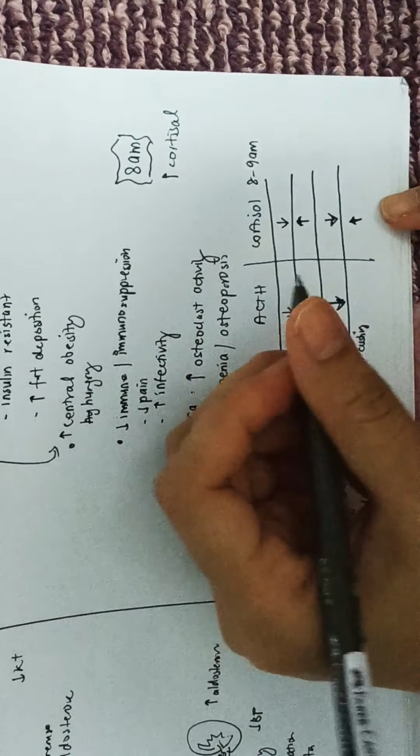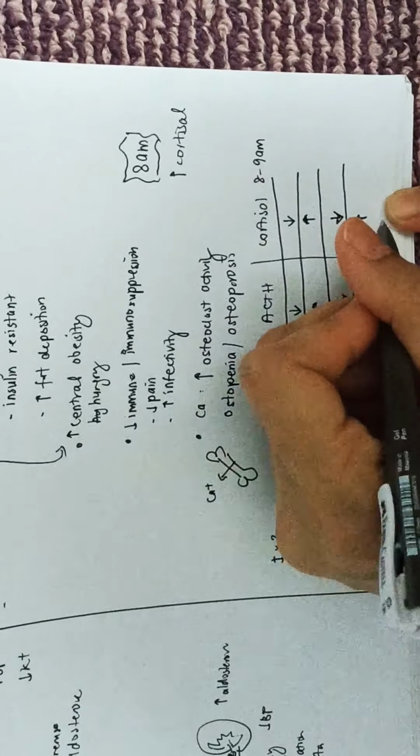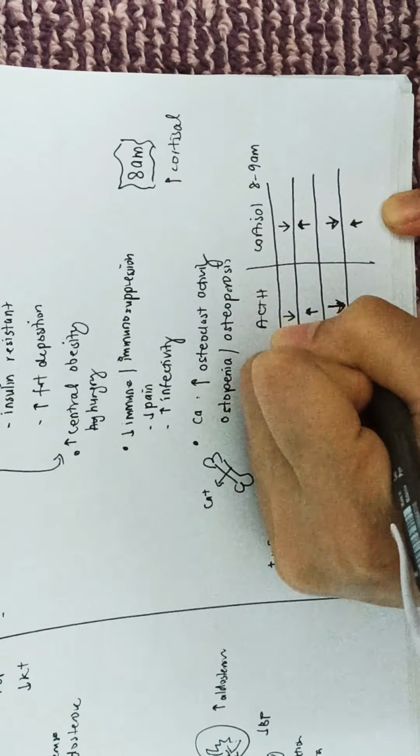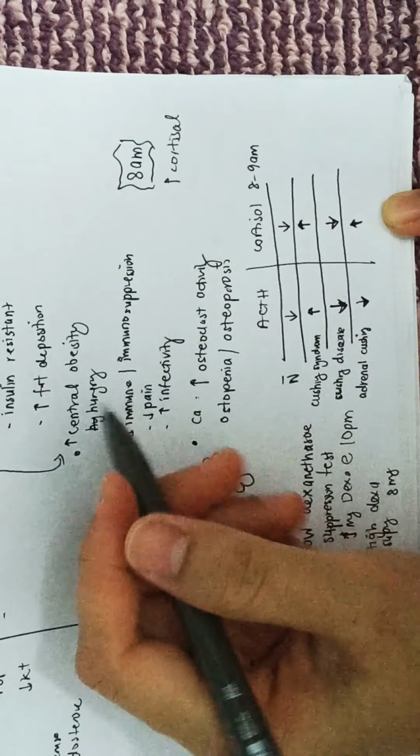So in adrenal, with the high level of dexamethasone given, the ACTH will be low and the cortisol will be high.